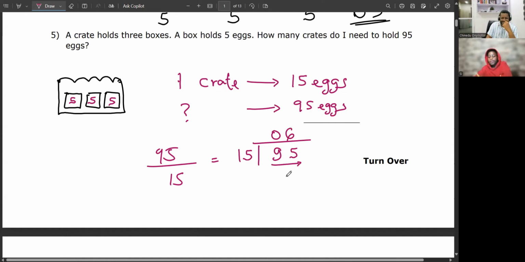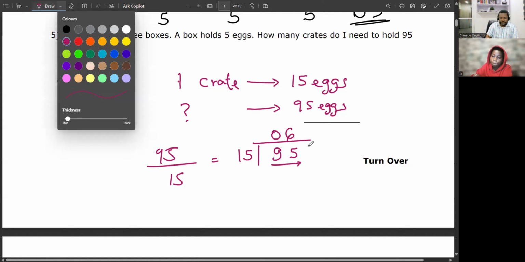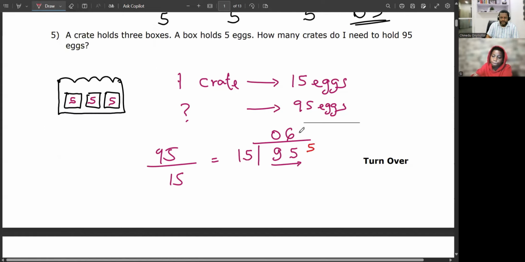6, and that will be remainder what? 5. Remainder 5, right? That 5, I'll put it here. And then, of course, I'll put a point here and put a 0 here. Next, how many 15 can go in 50? It has to be 3.